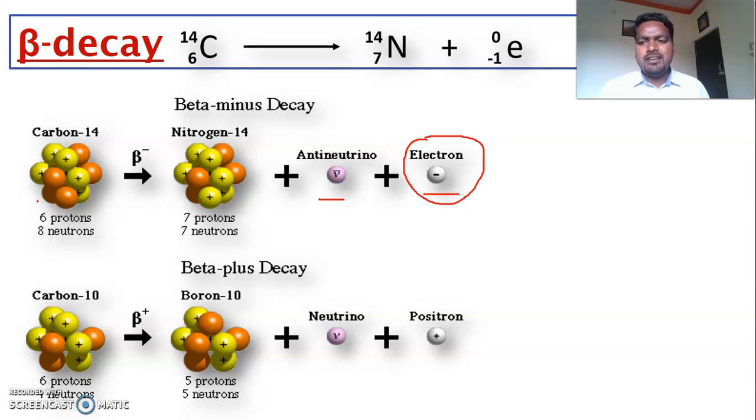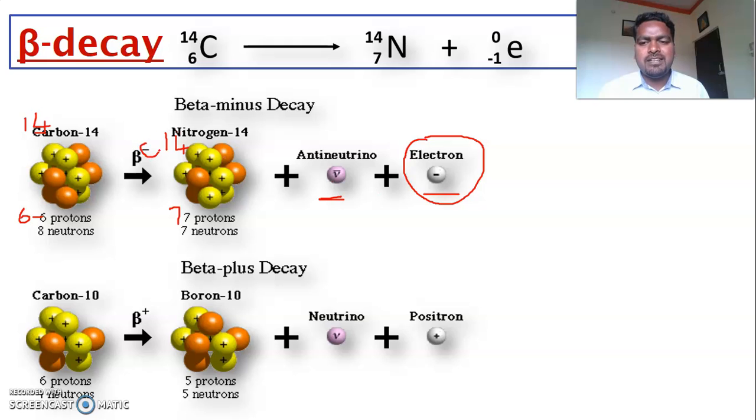Here, carbon has atomic number 6 and mass number 14. After undergoing beta decay, the atomic number increases by 1, so it becomes 7, and the mass number remains the same, 14, and it gives one antineutrino and one electron. So this is called beta minus decay.